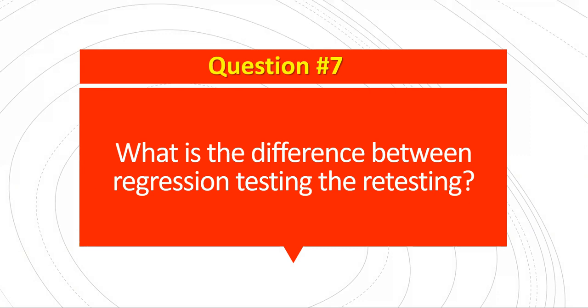Regression also includes retesting, but in regression testing we should also mainly focus on other impacted areas because of those bug fixes. Retesting means we can execute the same test case every time with different sets of data, or in other words, we can execute the same test case again and again in each and every build.